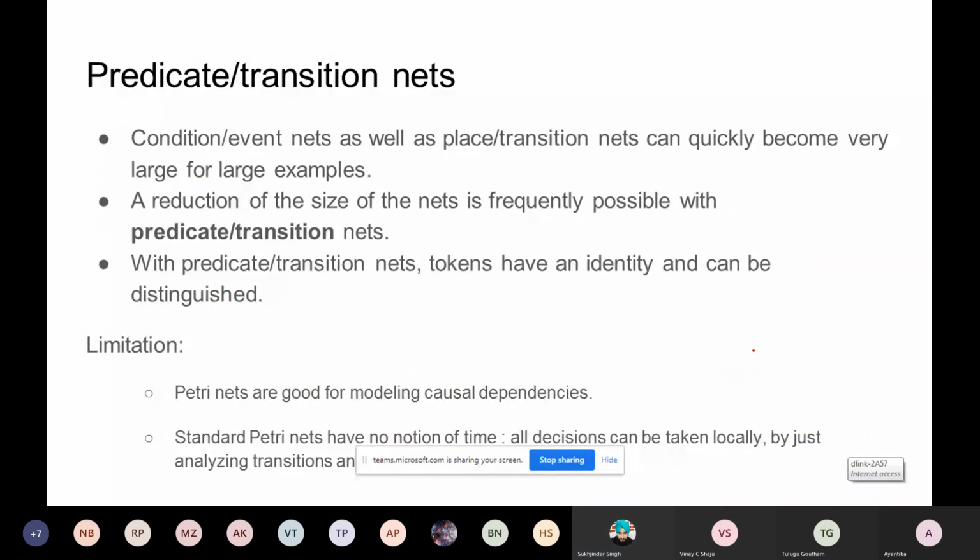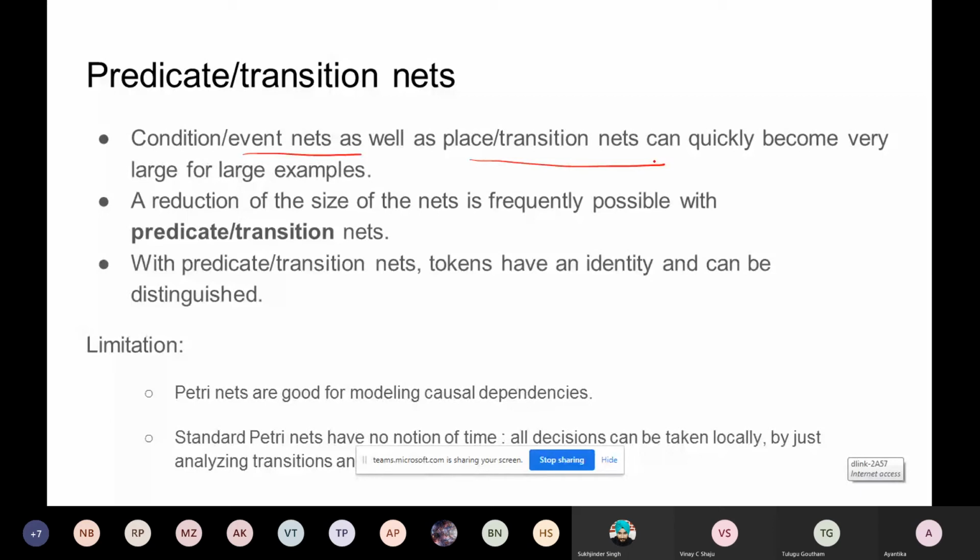So similarly, the first one we talked about was the condition event nets. The second one, the place transition nets. The concept is very similar, only in condition event net we just considered one token at a place, and in place transition net we considered multiple tokens based on the maximum capacity of the place. But there is the possibility that these types of nets can also become very large.